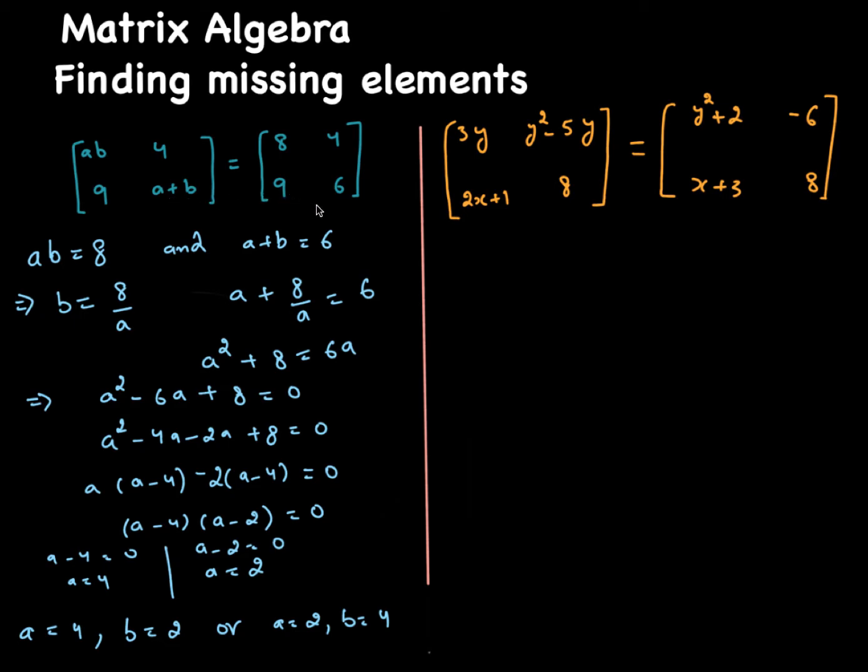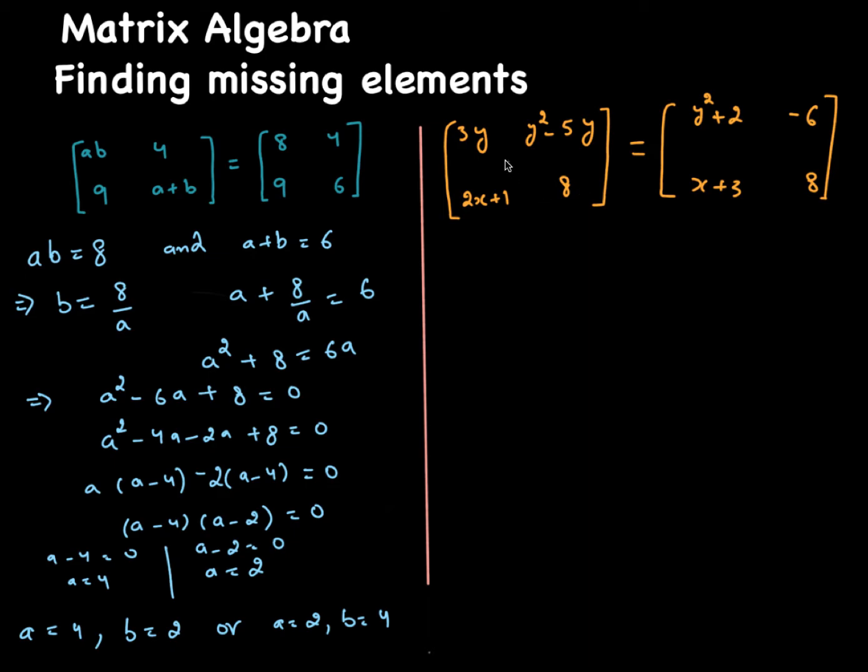Okay, and I'm gonna do one more over here, and we're gonna use the same method or rule. Again, the rule was, if two matrices are equal to each other, their corresponding elements are equal.